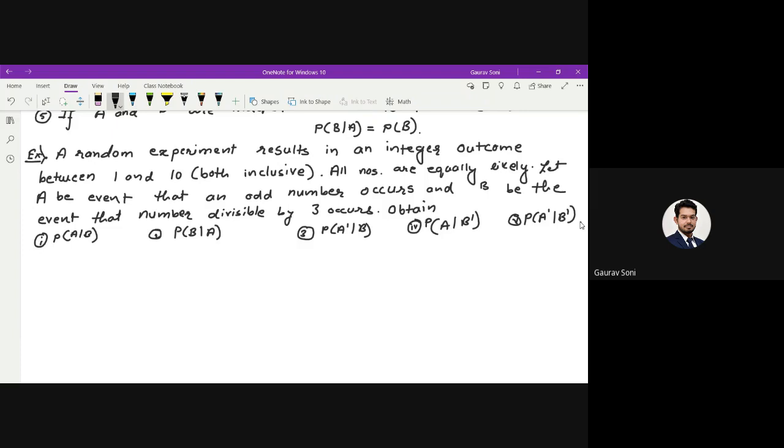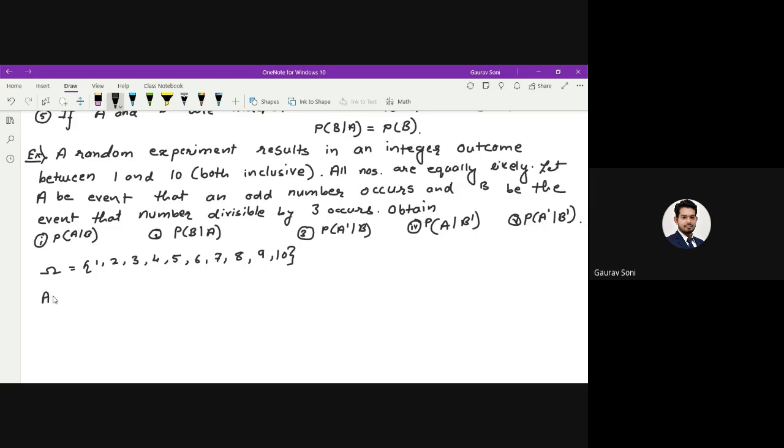Let's write down the events here. First of all, the sample space is 1, 2, 3, 4, 5, 6, 7, 8, 9, and 10.